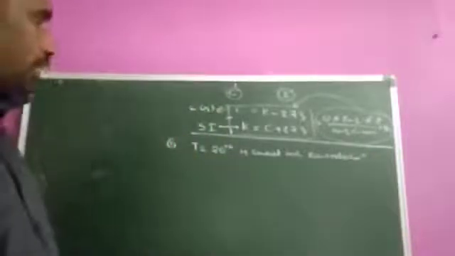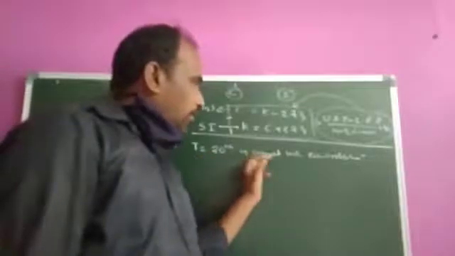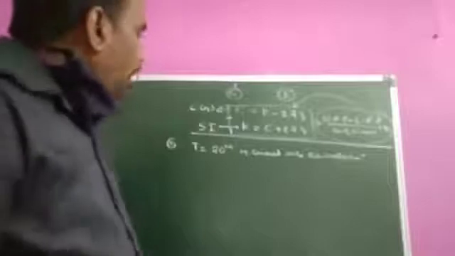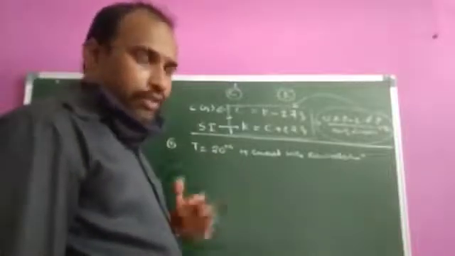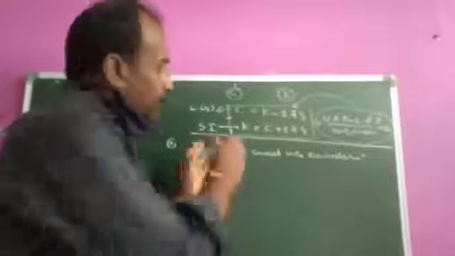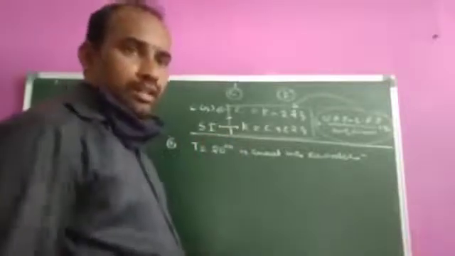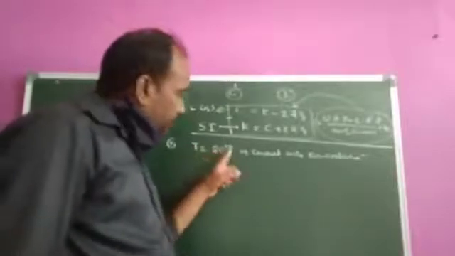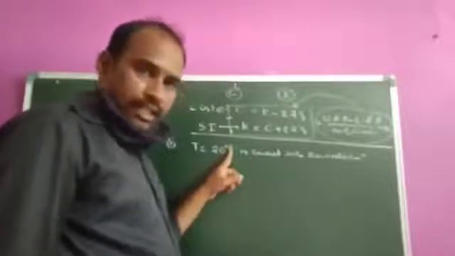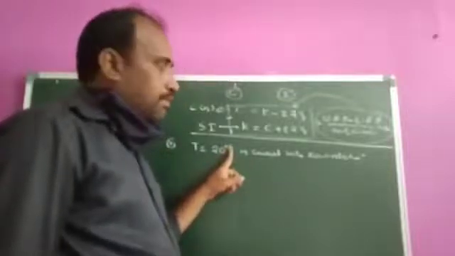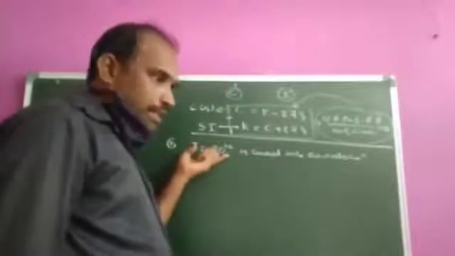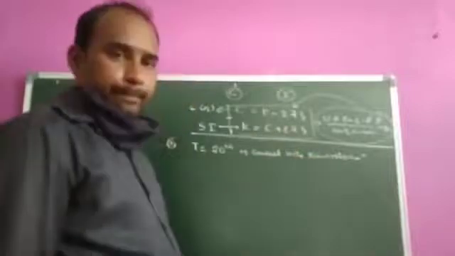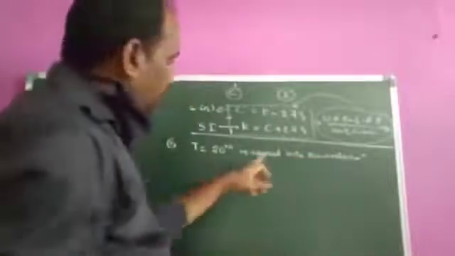The temperature at 20 degrees Celsius is to be converted into the Kelvin scale. After reading the question, first of all we understand it. They gave the temperature in which scale? C refers to Celsius. So the temperature they gave is in Celsius, and we convert it into Kelvin, K. So that's why you want Kelvin.